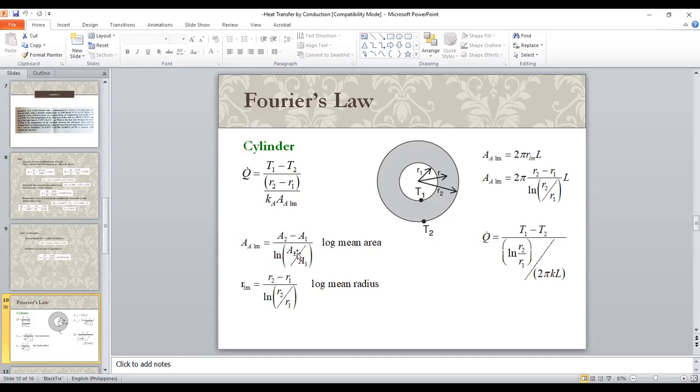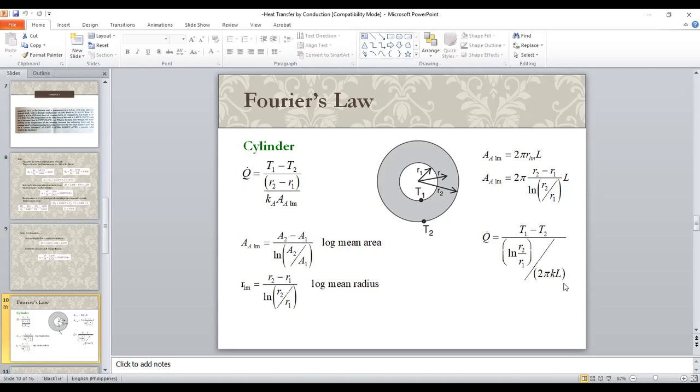And you have the ln of those two, and you place it here. That would solve for the rate of heat transfer. Or you can use another form of the formula wherein you already have the ln of the two radii, the outer radius divided by the inner radius, the ln of the quotient of the two, and then you divide by 2 pi kL.